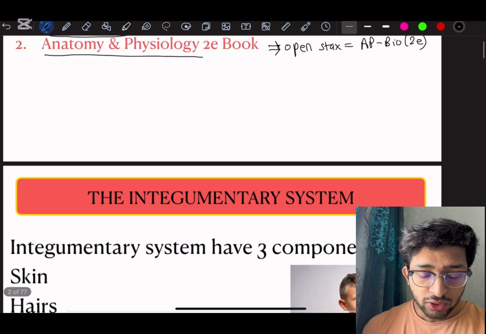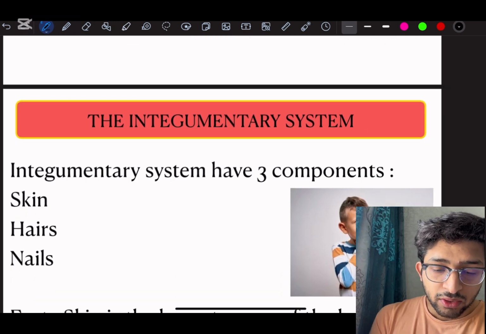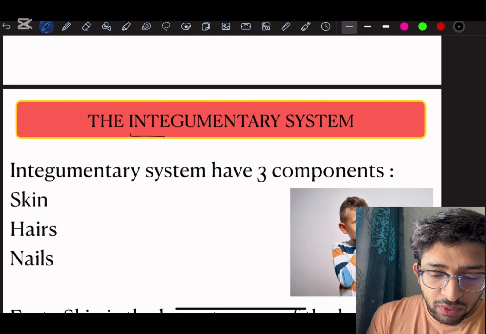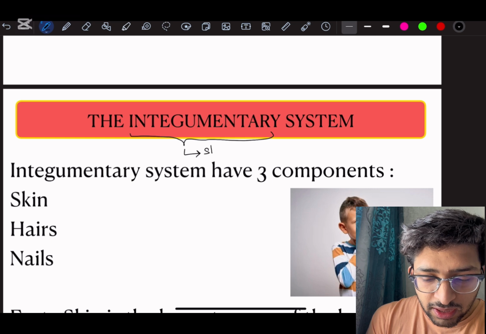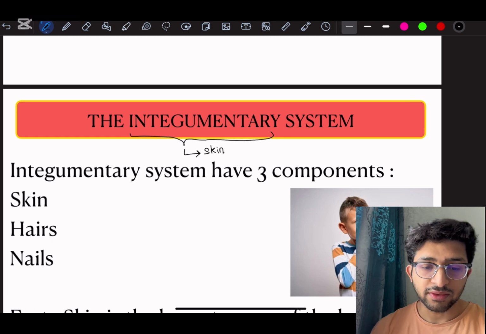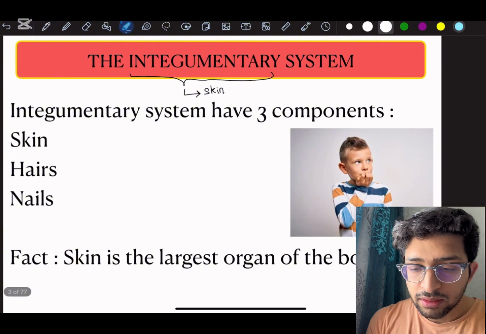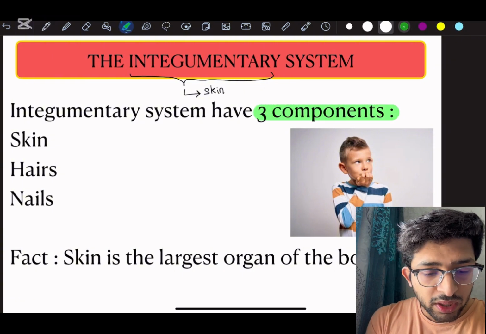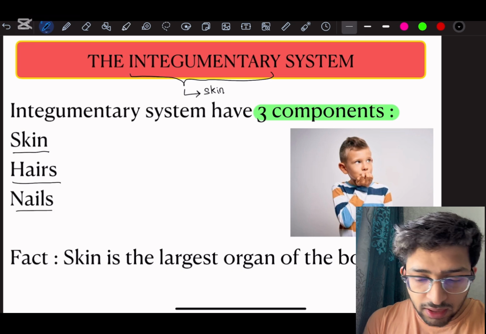Firstly, what is the integumentary system? Whatever we discuss about the skin, hairs and nails comes under the integumentary system, aka the skin system. The integumentary system has three components: the skin, the hairs and the nails.